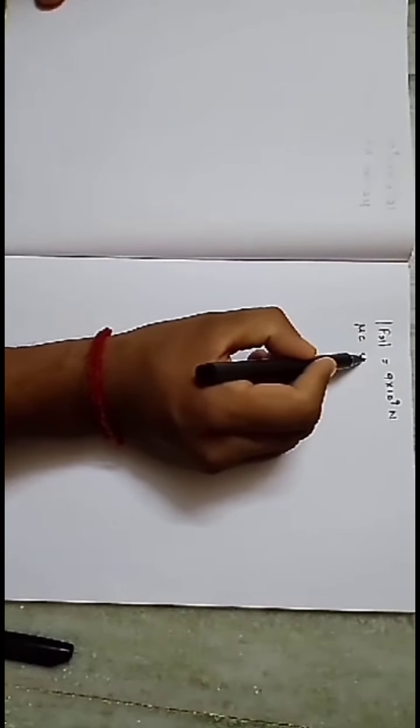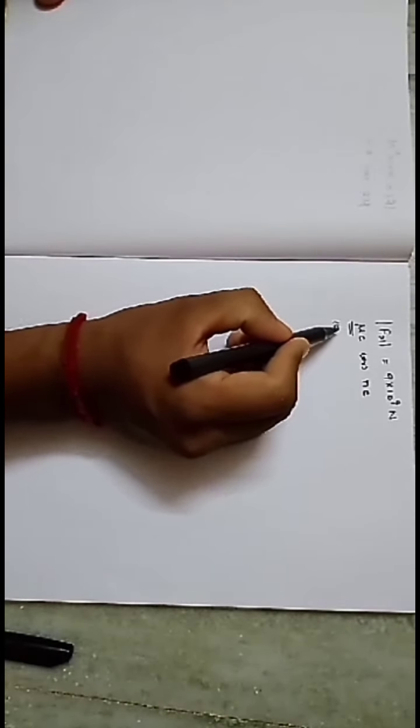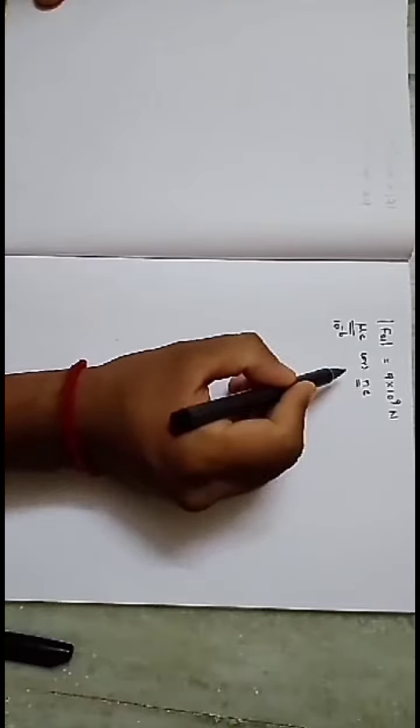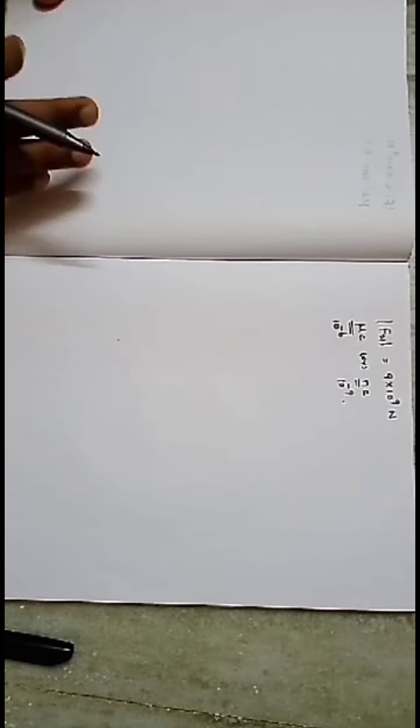In our day-to-day life we use the value of the charges in the order of micro coulomb or nano coulomb. Already you know micro coulomb means in the order of 10 power minus 6, nano coulomb means in the order of 10 power minus 9. So we never come across 1 coulomb of charge in practice.